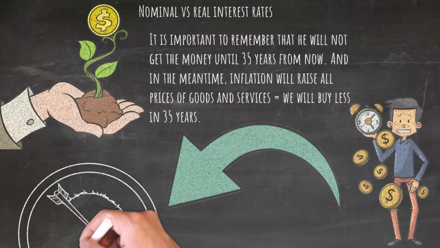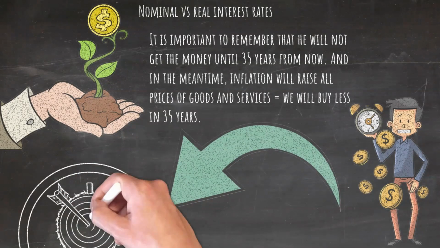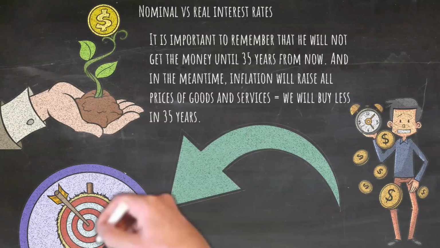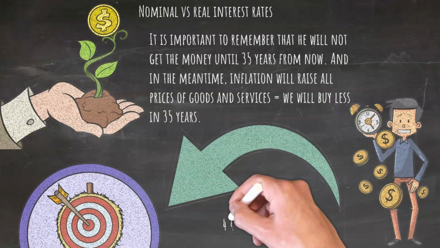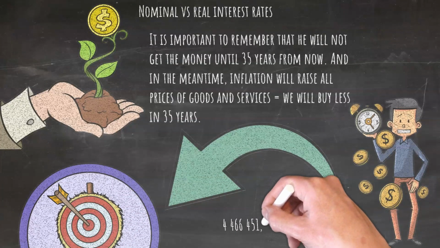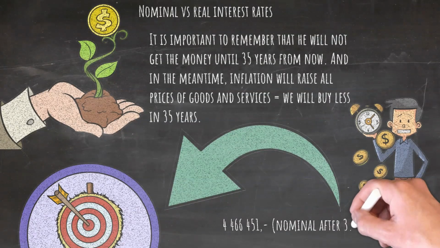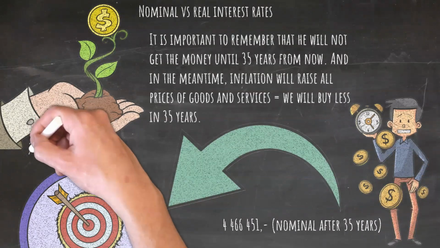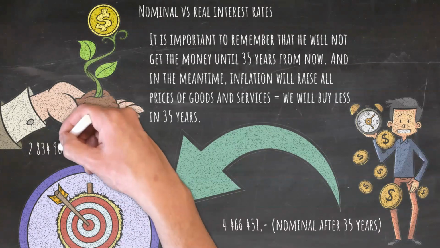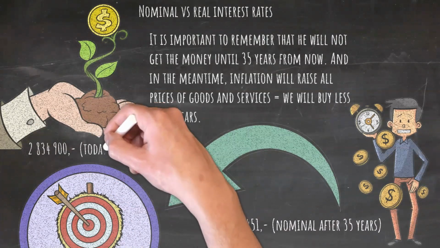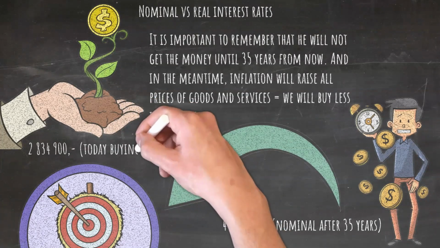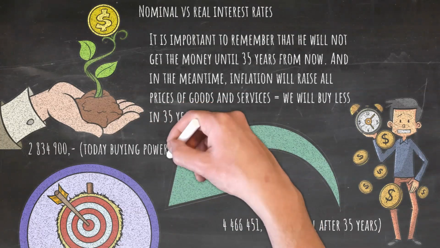So we have to take inflation into account and recalculate it into today's time. And in today's time it will be just 2,800,900. So that's the magic of compound interest, but also the magic of inflation, which will depreciate the value of money, or we can say it will increase the prices. So we have to be aware of that.